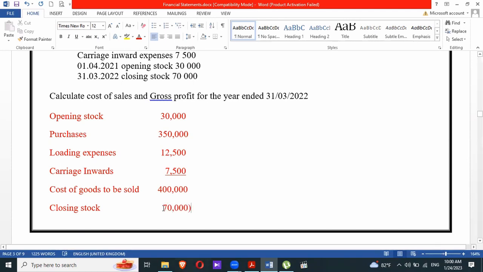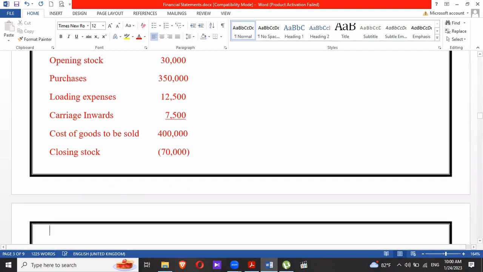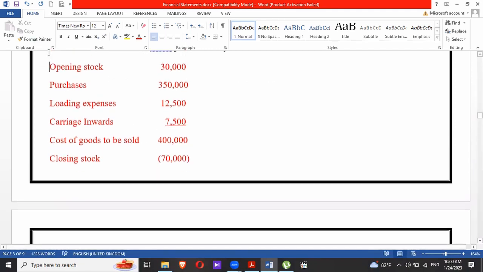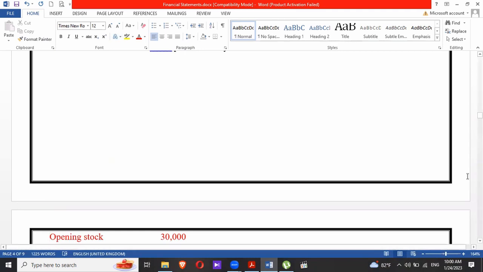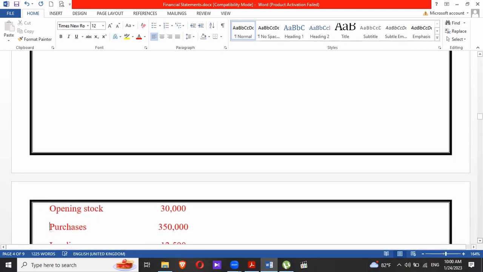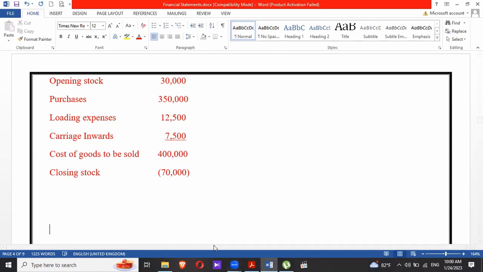So to indicate that, better to put brackets. 400,000 minus 70,000. Cost of sales is 330,000. Right? So this is the answer for the cost of sales. That is the first part.